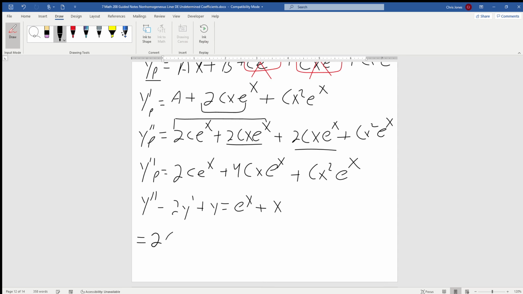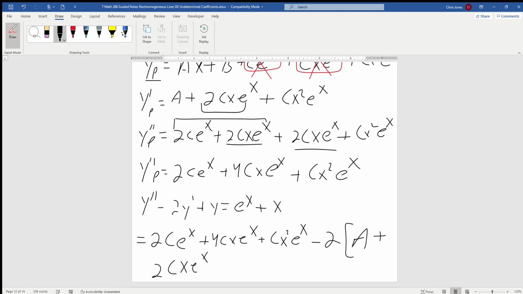So that's 2c e to the x plus 4cx e to the x plus cx squared e to the x. We're going to subtract from that 2 of the first derivative, which was a plus 2cx e to the x plus cx squared e to the x.